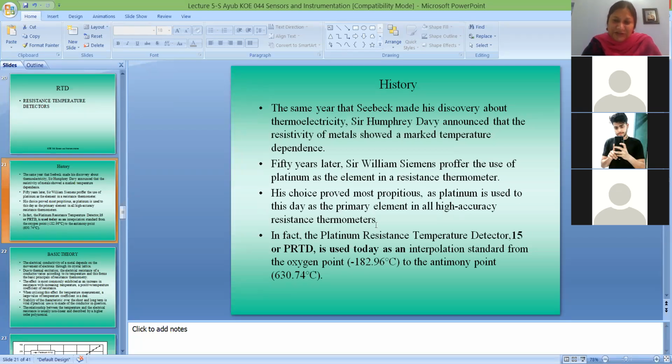You can use other metals also, but platinum gives you high accuracy. In fact, the platinum resistance temperature detector, or PRTD, is used today as an interpolation standard from the oxygen point, that is minus 182.96 degrees Celsius, to the antimony point, that is 630.74 degrees Celsius.